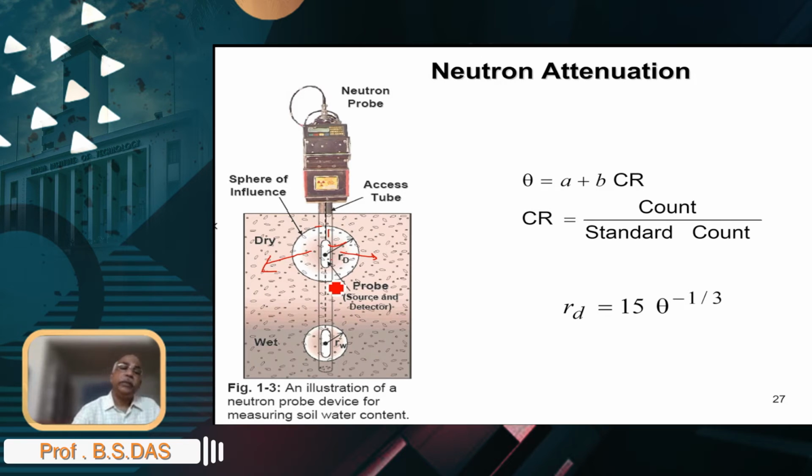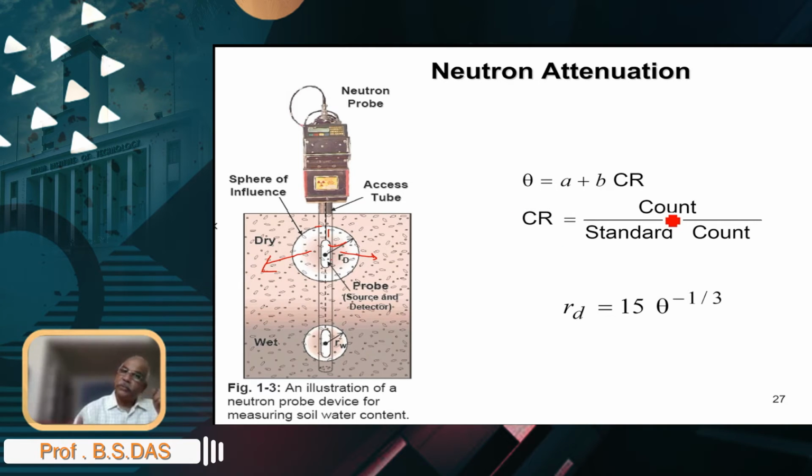Before you activate or lower this neutron probe into the aluminum access tube, you need to measure the standard count for this equipment, because naturally this americium continually decays. So the standard count changes from time to time.